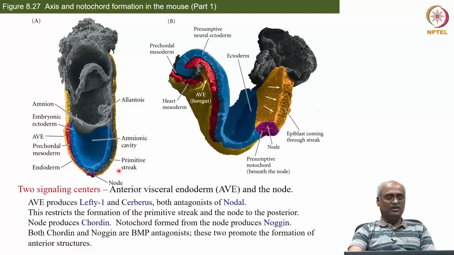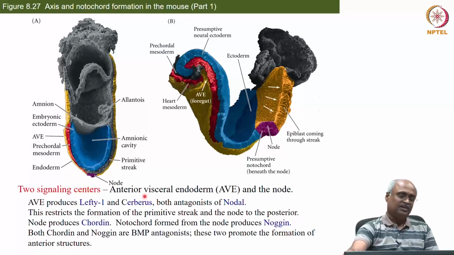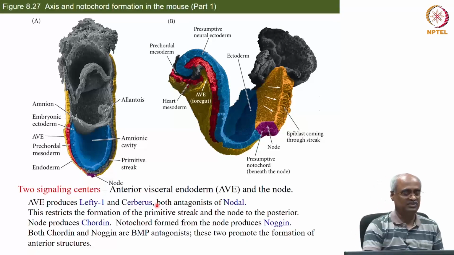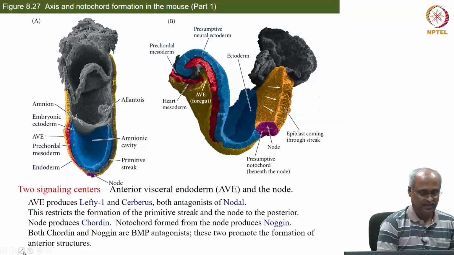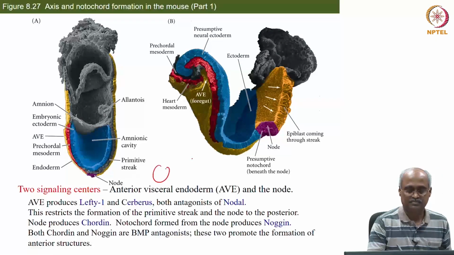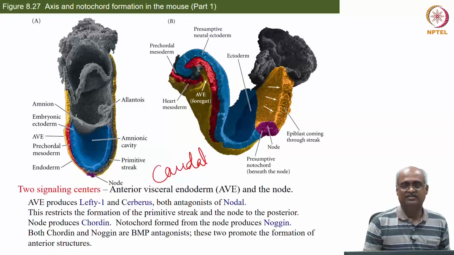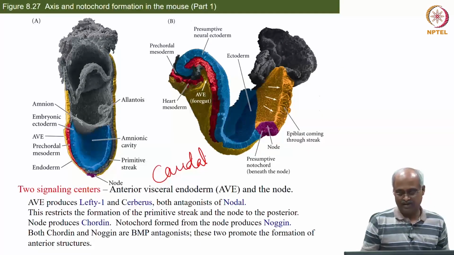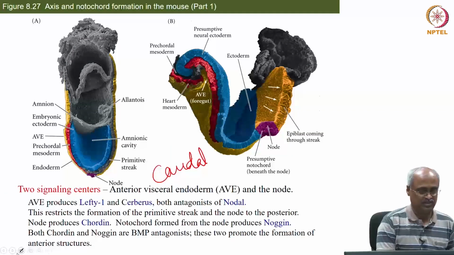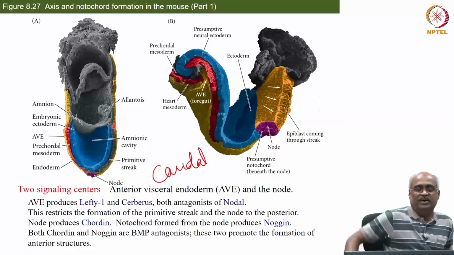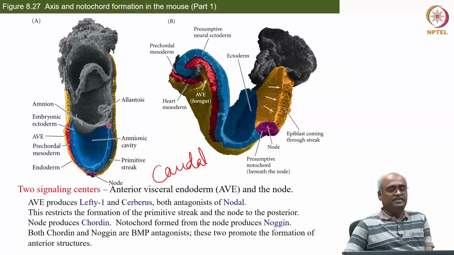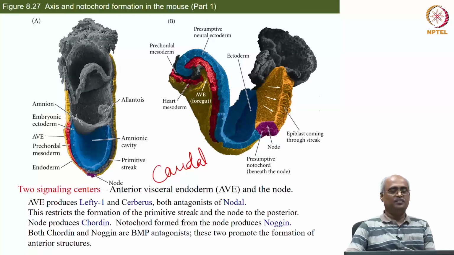Posterior is often called caudal, which is often used in developmental biology and it just means posterior. So, this is the caudal side and this is the anterior side where the head is going to form, and the node is right in the middle at the bottom. So, this is the primitive streak.